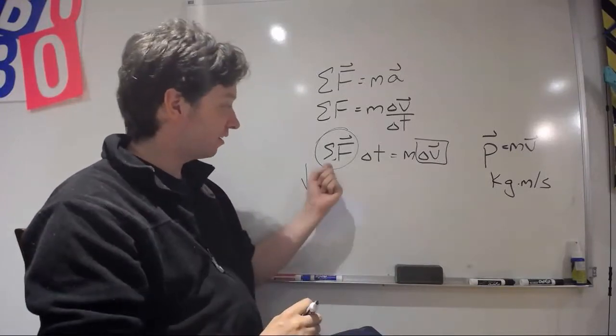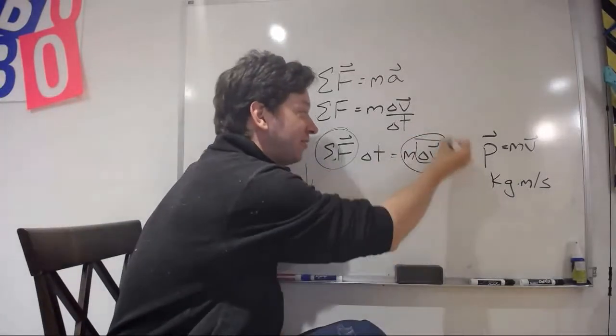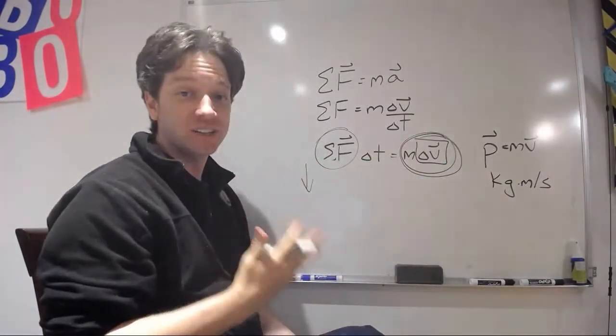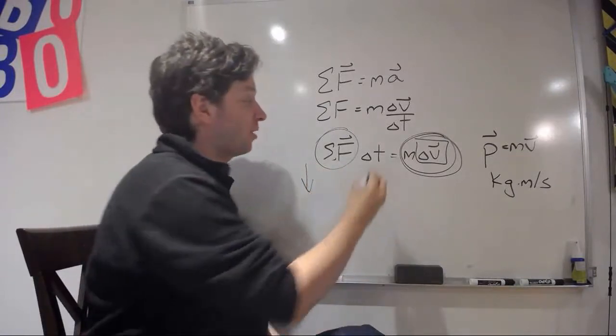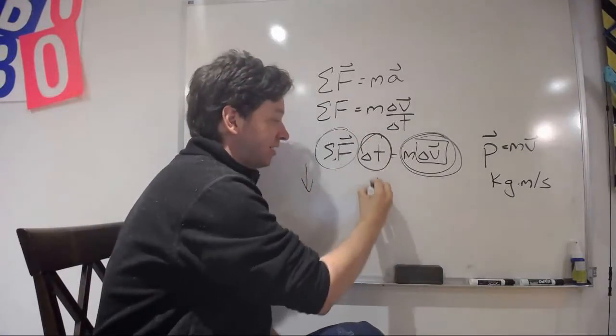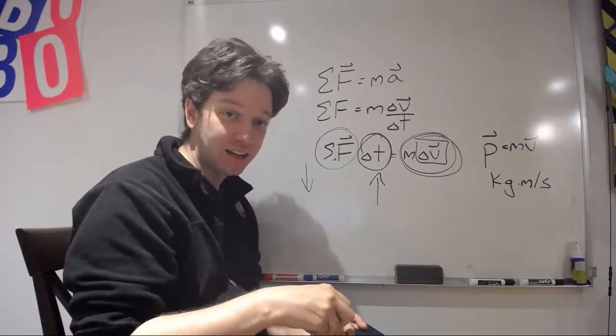Right? Now, since our net force times our time is going to equal whatever your change in momentum is for a collision, in order to reduce the amount of force acting upon the occupant, we're going to have to increase the time that that collision occurs.